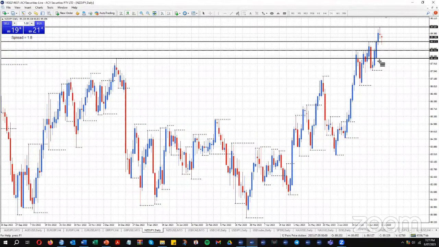Whilst it's holding above support at the moment, I would much prefer to see a very similar pullback to what it just did before, like a 62% pullback on the day chart range, and then look to trade up.